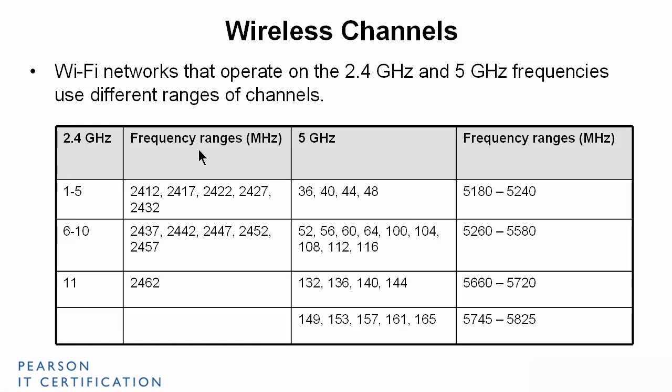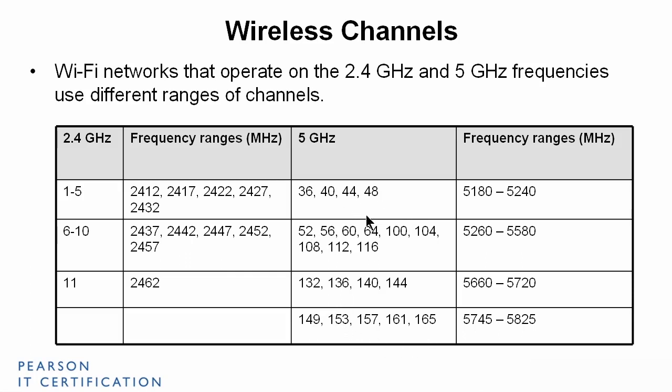But more and more, you're going to be dealing with the 5 gigahertz ranges, especially with 802.11 AC. And so we have various ranges here. We have 36, 40, 44, and 48, which equate to frequency ranges 5180 through 5240 megahertz. And then you have another whole group here, 52, 56 through 116, then 132 through 144, and then 149 through 165.